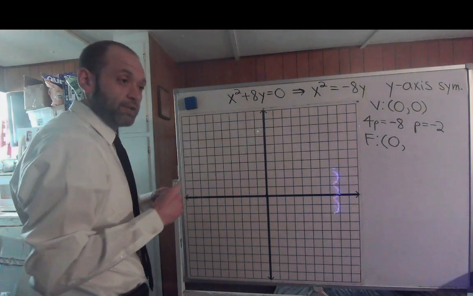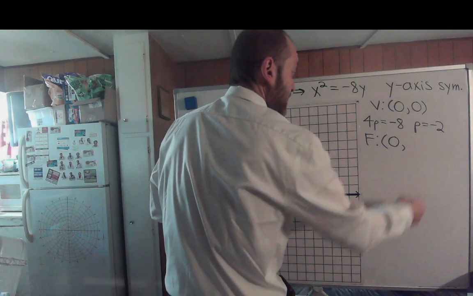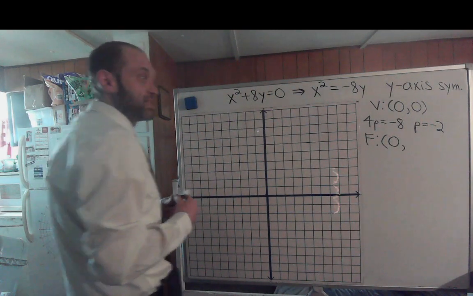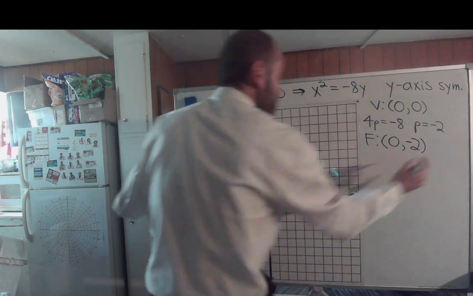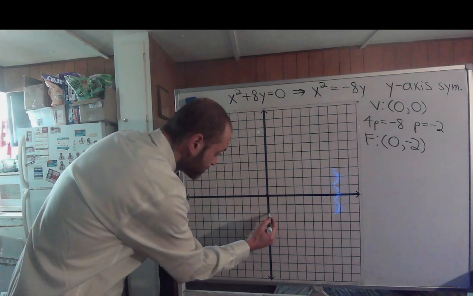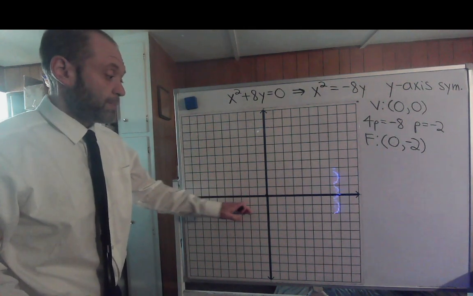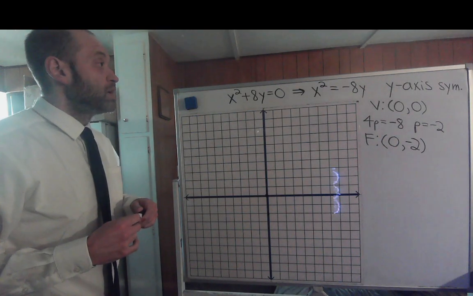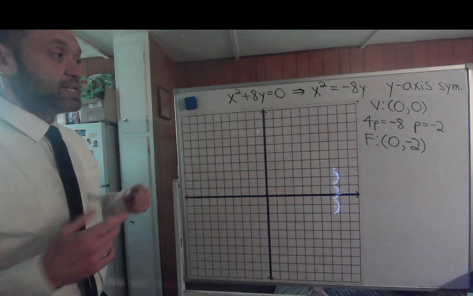That'll still be 0. But for my y-coordinate, I'm going to take that negative 2 and add it to the y-coordinate of the vertex. Well, 0 plus negative 2 is negative 2. So my focus is going to be at (0, negative 2). So it should start to become more obvious that it's going to open downward.